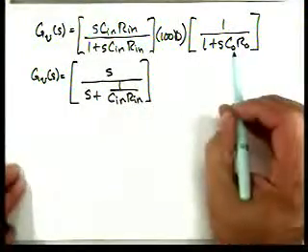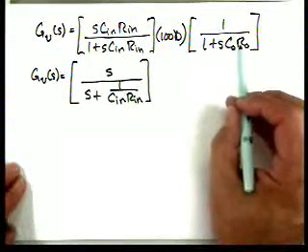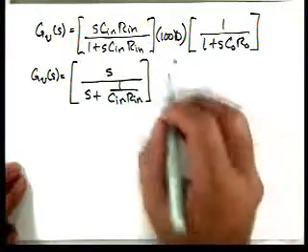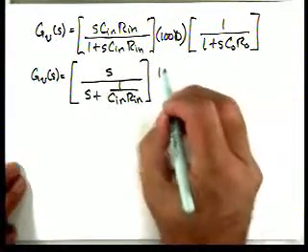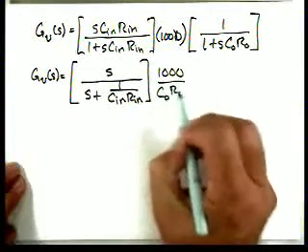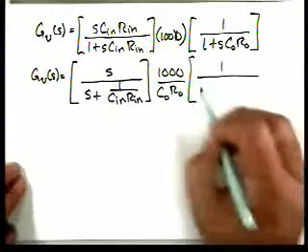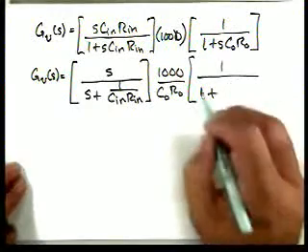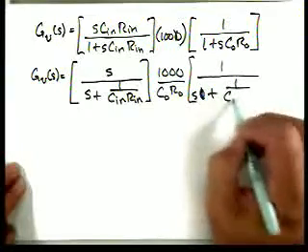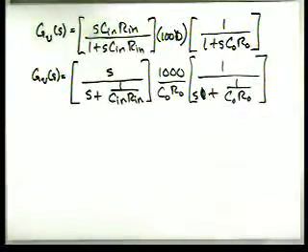If we factor out a C0 R0 out of this term, we have 1,000 over C0 R0, and then this is 1 over 1 plus, this is S plus 1 over C0 R0. So there's the transfer function in standard form.